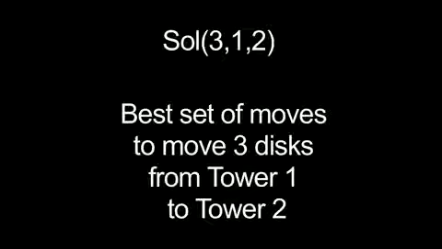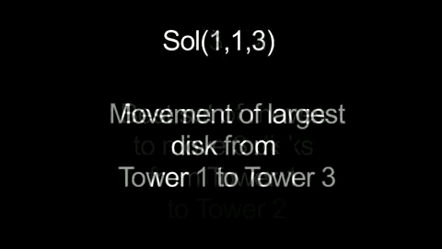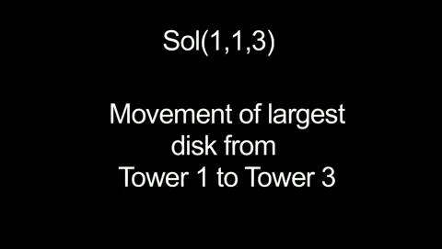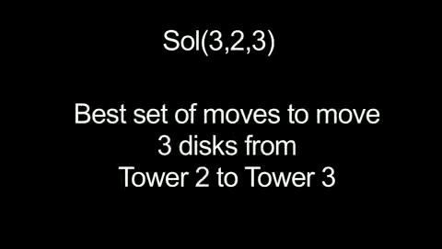That's an intermediate move that clears the way to move the largest disk from its original location to its final location, the rightmost tower, tower 3. Okay, so that's the solution. That's called solution 1, 1, 3, plus, again, the solution for a 3-disk problem moving from tower 2, the intermediate tower, over to tower 3.